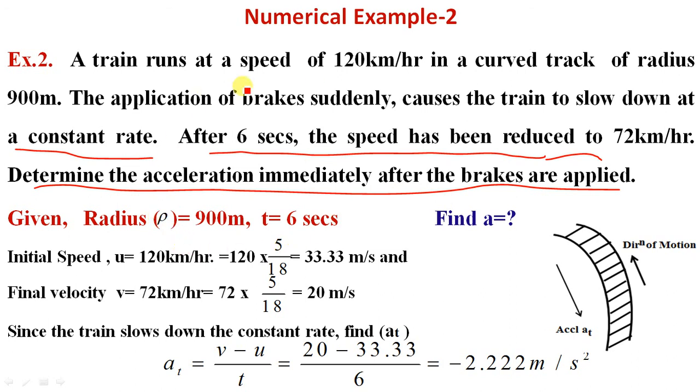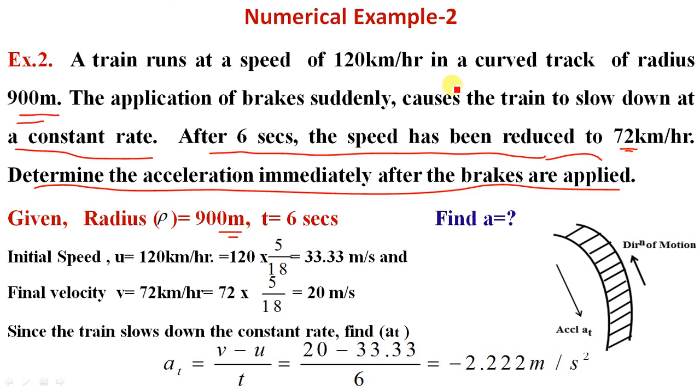Here the radius is given: a train runs at a speed of 120 kmph on a curved track of radius 900 meters. So rho is 900 meter, and they have asked us to find the acceleration immediately after the brakes are applied. Time is 6 seconds, and the velocity changes to 72 kmph.